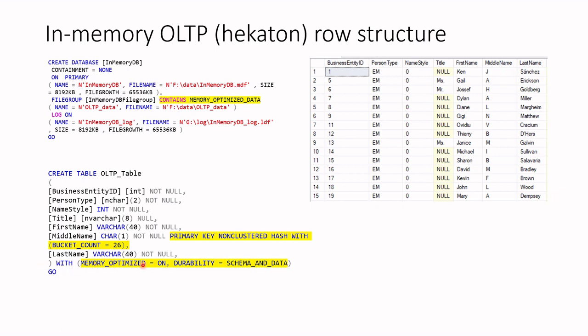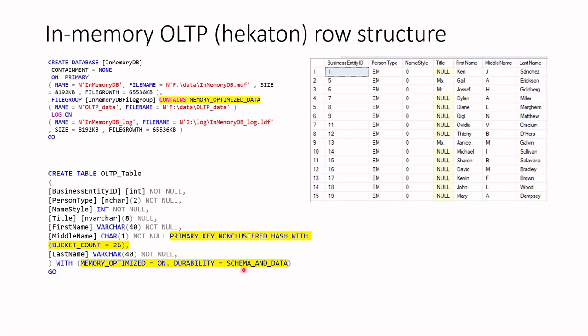As you can see, I'm also specifying MEMORY_OPTIMIZED equal to ON, since this is a Hekaton table, and I'm setting DURABILITY equal to SCHEMA_AND_DATA, since I need the data of this table to be durable in the case of SQL Server restart. You can also set this value to SCHEMA_ONLY if you are okay to lose data in the case of SQL Server restart.